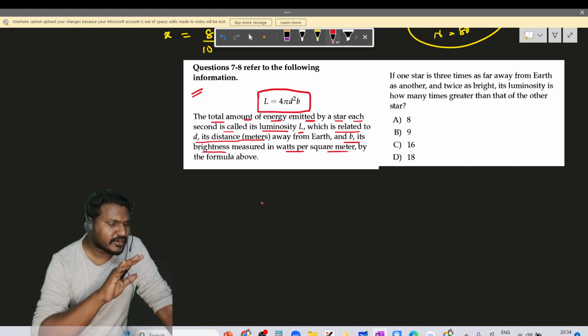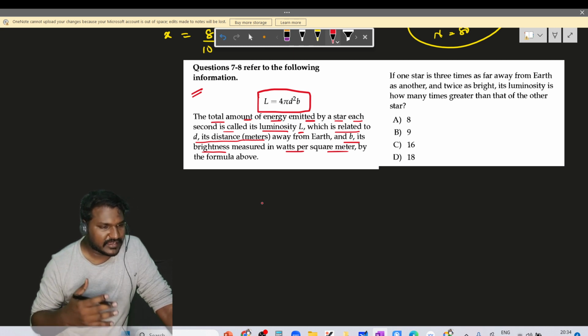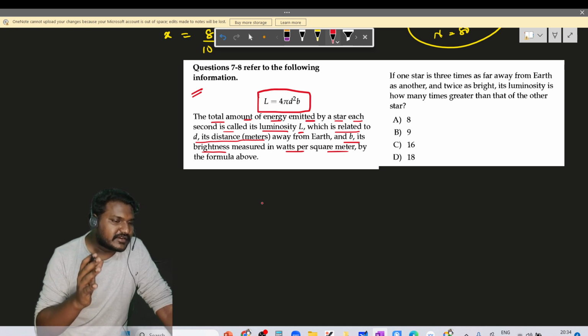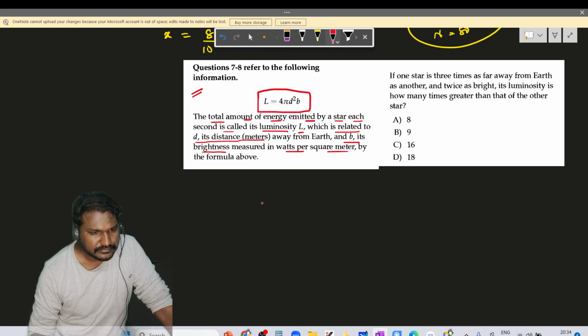Anyway, we are not bothered about that. We don't need to know about luminosity, distance, and brightness here, so we'll just treat them as mathematical terms. Now read the question.